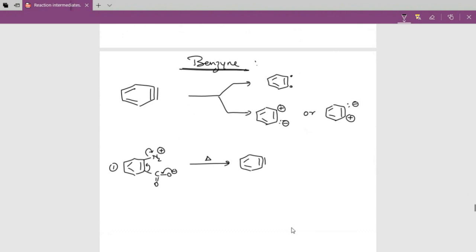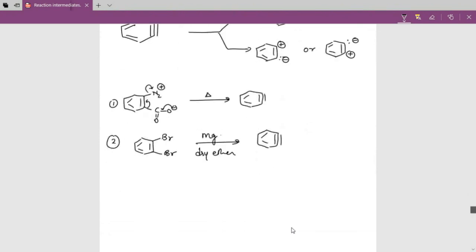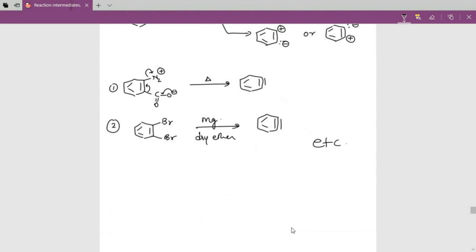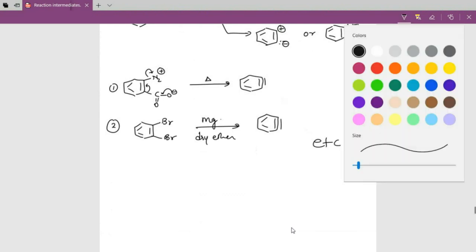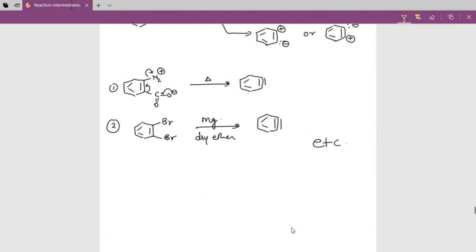This is just one example of its formation. We can have so many. If I had bromine and magnesium in diether, benzyne can be formed, etc.